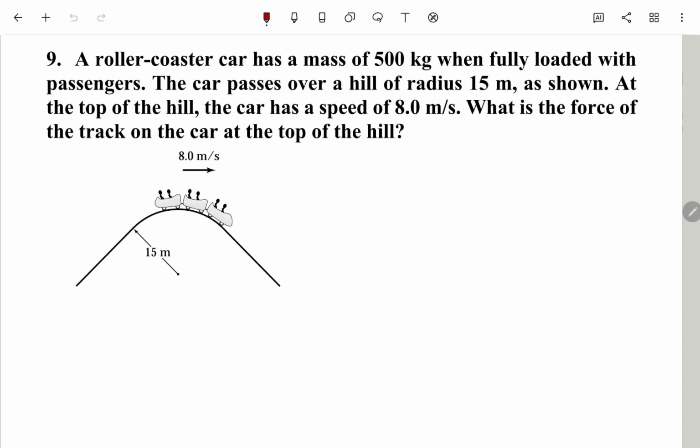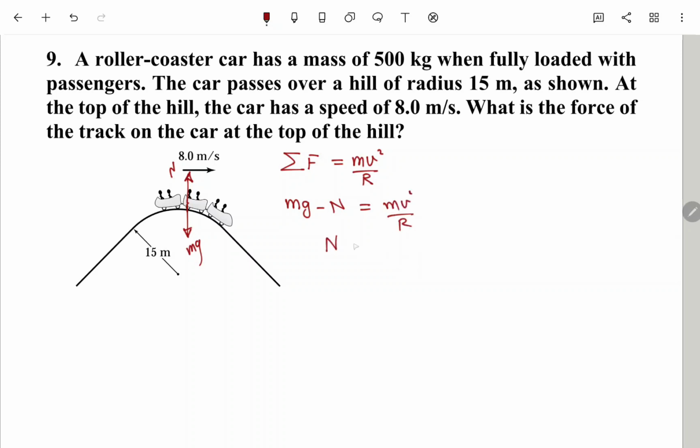So what we're looking for here is the force exerted by the track on the car itself. So if we draw the free body diagram here, we have the weight, mg, and we have the normal. And the normal in this case is the force exerted by the track on the passengers. In this case, sum of all forces, it's equal to mv squared over r. And in this case, mg minus normal equal to mv squared over r.